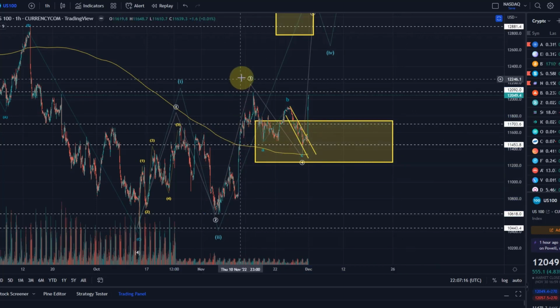It's the retracement of the third wave into the fourth, and from here we decided to move up.